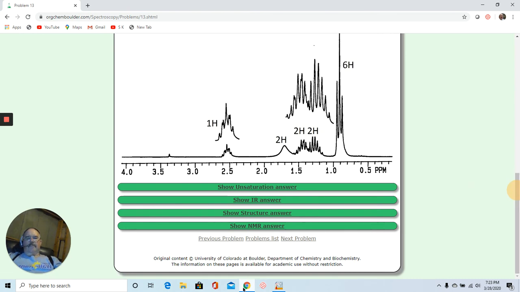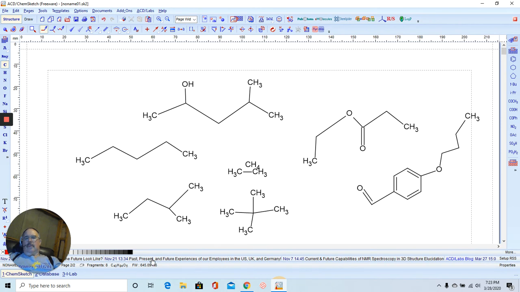Okay, so if we go back, our NH2 can't be on the end because we said that there's only one hydrogen on the carbon next to the nitrogen.